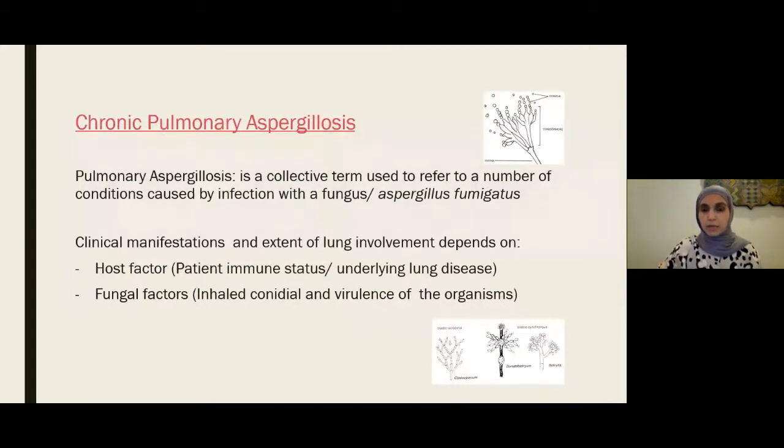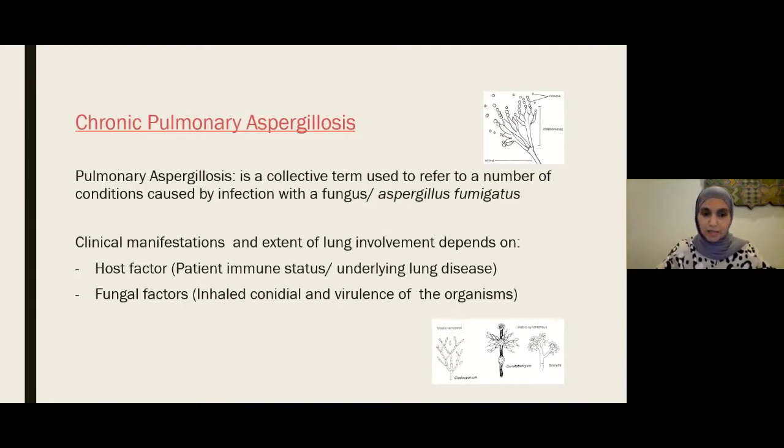Pulmonary aspergillosis is a collective term used to refer to a number of conditions caused by infection with a fungus, usually Aspergillus fumigatus, the most common species. Clinical manifestation and extent of lung involvement depend on two factors, the host factor and the fungal factor. The host factor depends on the patient's immune state and the underlying lung, whether it is normal or has a pre-existing disease.